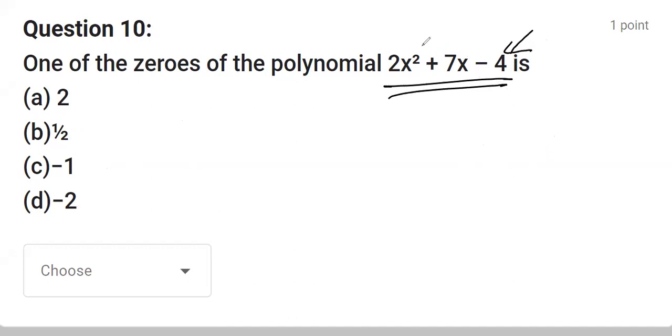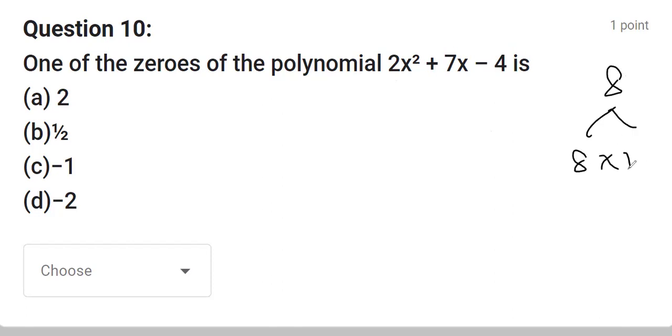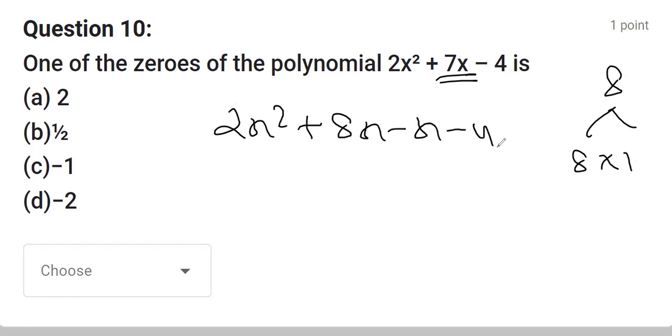So we factorize by the method of splitting the middle term. We are going to multiply 2 with 4. That will give you 8, and split 8 into 2 factors so as to get 7. Needless to say, we can write 8 as 8 into 1 and their difference will give you 7. So this is 2x squared plus, I'm splitting this 7x as 8x minus x minus 4.